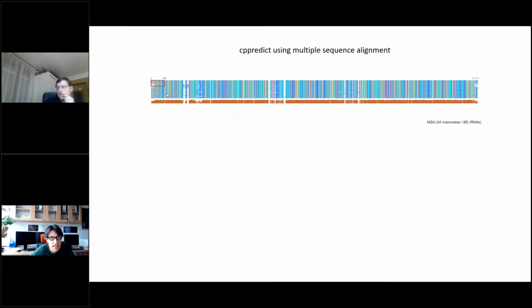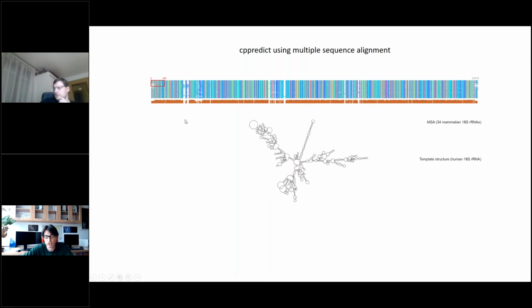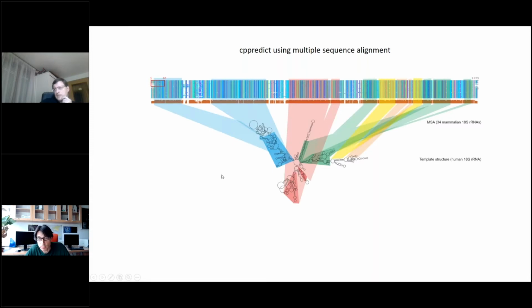In the alignment, you can distinguish consistent blocks, for example this one, that one, or this one, in which sequence segments of the whole sequences are very similar. And the idea is, if they are similar, then the structure that they code for should be similar too.